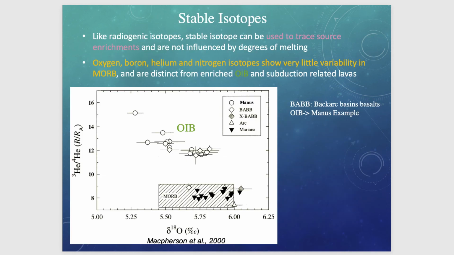If we look at the stable isotopes, same concept as before, instead of the radiogenic, which are the product of decay from radiogenic elements, we can consider natural isotopes like helium, for example. It's found with different atomic masses. So we have helium-3 versus helium-4 in this example, and you can see how we can differentiate ocean island basalts from the MORBs.